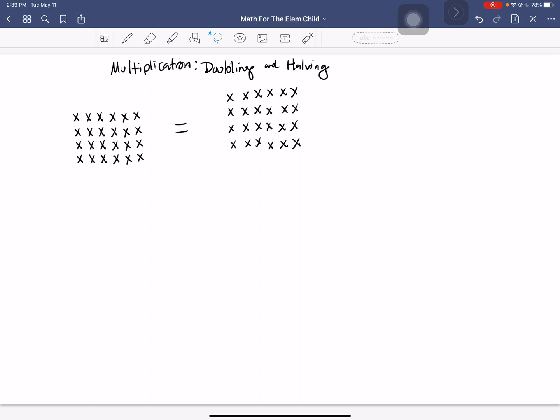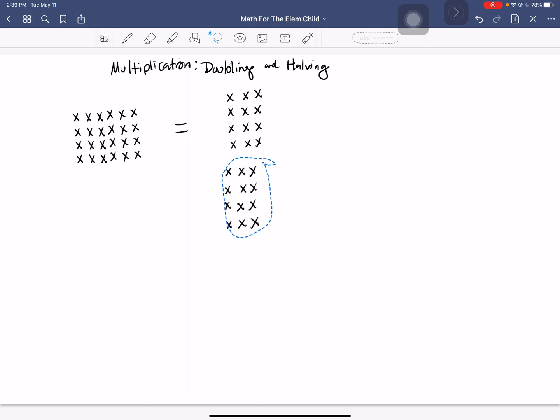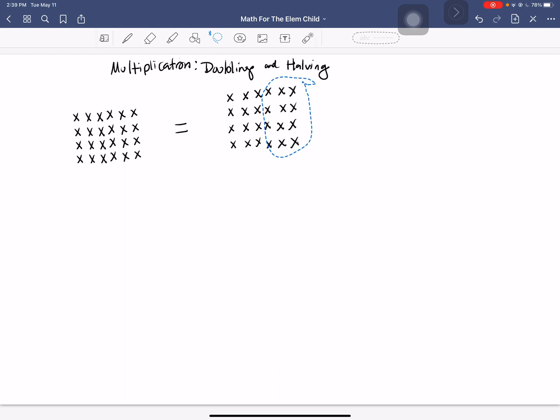We have doubled the movement in the left array, from a 4 by 6 to an 8 by 3. And then we halved this 8 by 3 array into a 4 by 6.